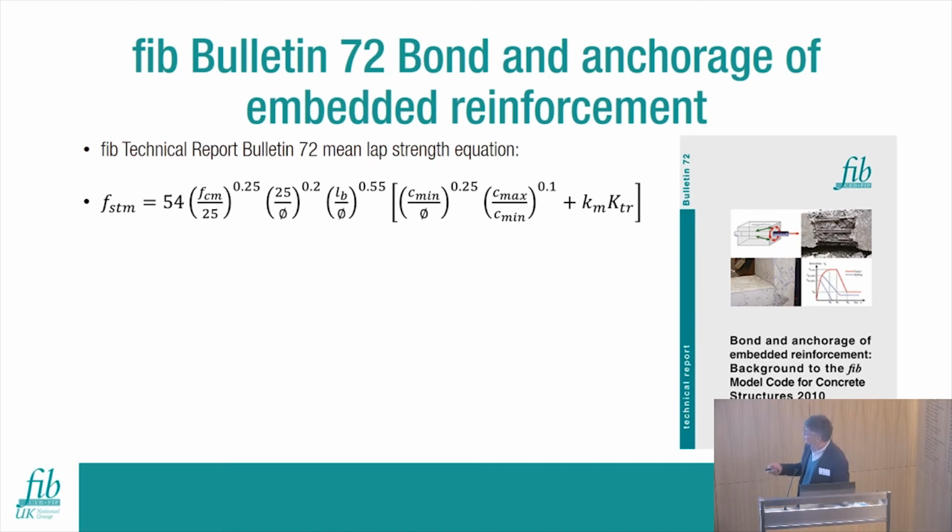So looking at this equation, we see that the strength of the lap depends upon the concrete strength. It's related to the bar diameter, and also it depends upon the lap length as a multiple of the bar diameter. The term in the square bracket accounts for the effective cover, bar spacing, and confinement provided by links and secondary reinforcement.